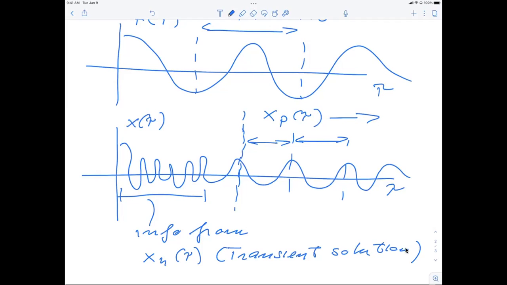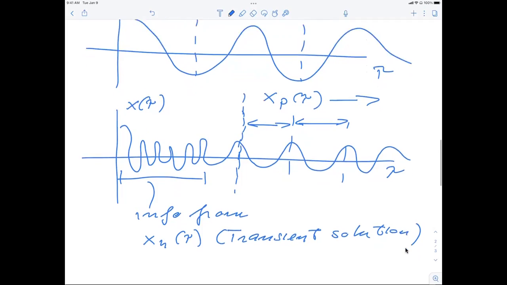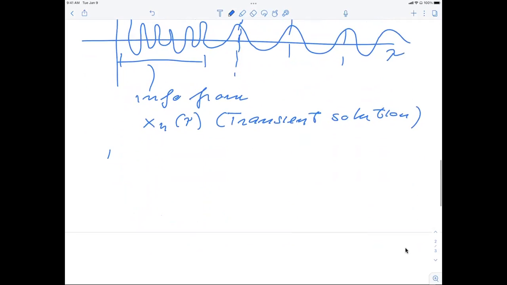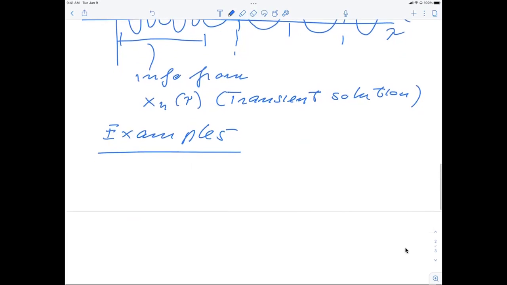So what we are going to do now is just to look at examples. We are going to look at a specific case now with some input values. So let's try to pick some specific values, and then we're going to run it numerically and see what happens. So let's now plug in omega, which is equal to 2 pi.